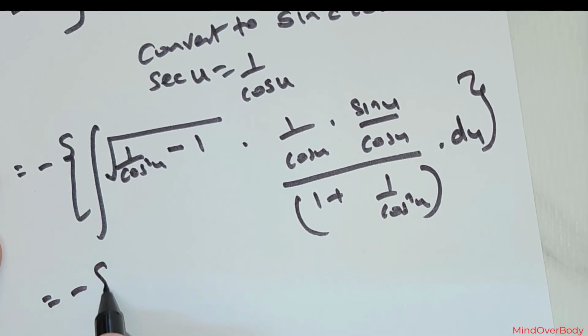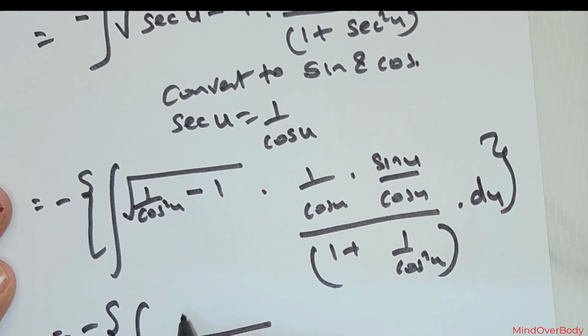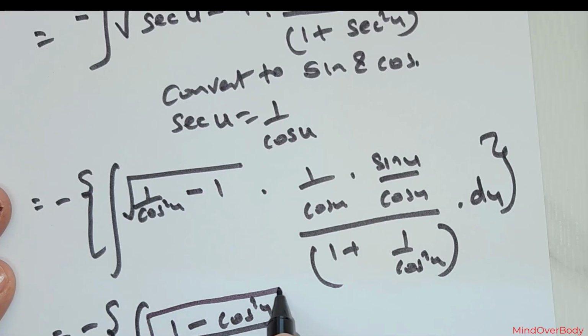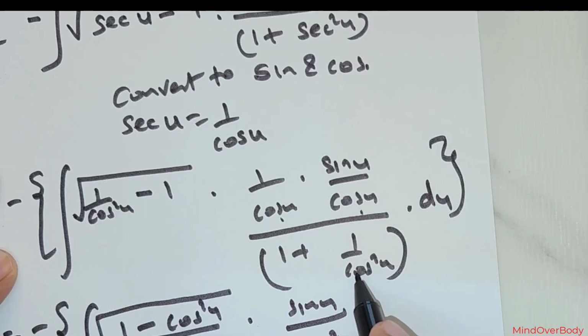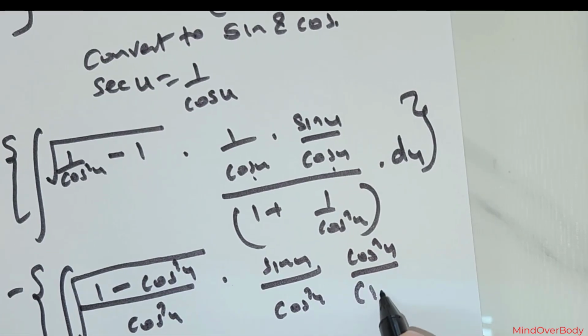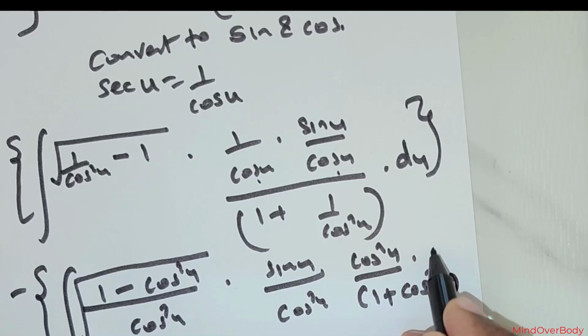So this is negative integral; you take the LCM as cos squared, so you get 1 minus cos squared u divided by cos squared u with the square root, times sin u over cos squared u. You flip it, you get cos squared u, and you take the LCM, so it's going to be 1 plus cos squared u times the du.